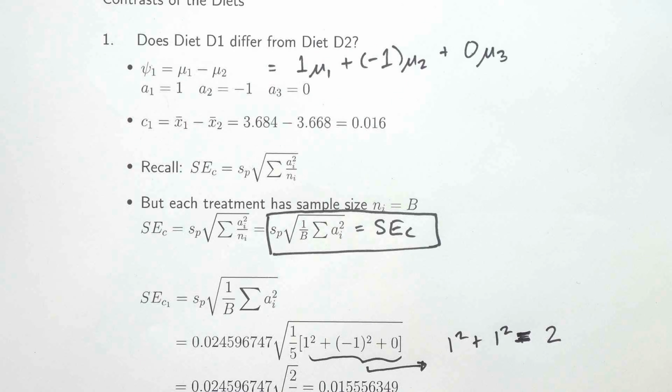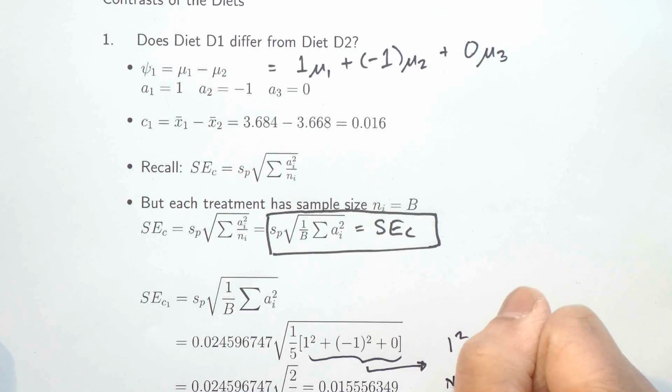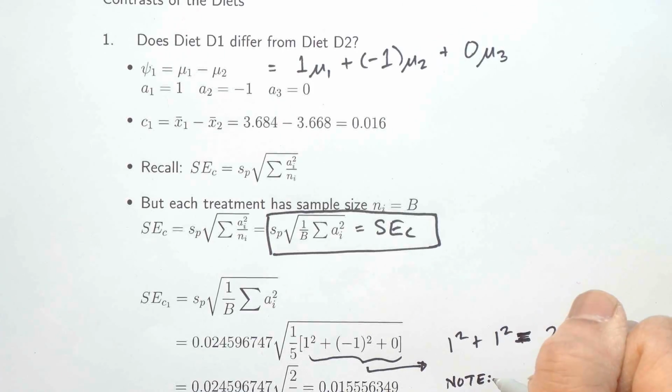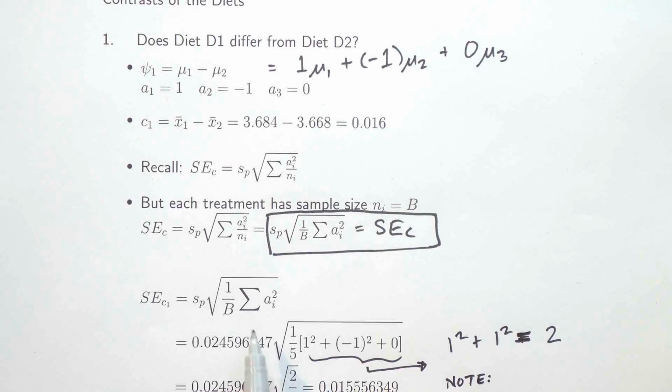And then we've already calculated our pooled standard deviation previously. Remember, that was the square root of our MSE in the ANOVA table. So we're left with a standard error of 0.01556, etc. One note to make here, which will become more important later on, is that the standard error that we have here is actually the same for all pairwise comparisons.